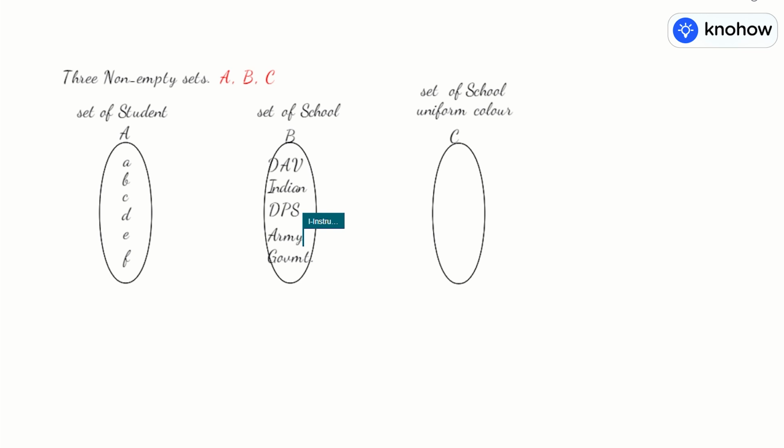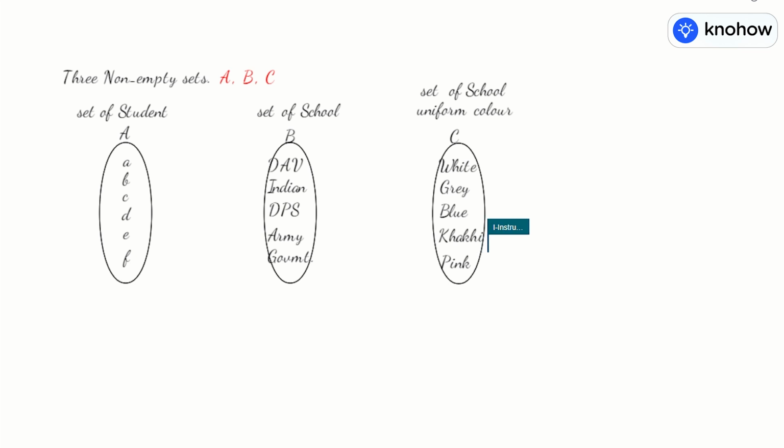Let's suppose these many schools are included in set B. And in set C, the uniform colors are white, say grey, blue, khaki, and pink. These are the uniform colors.